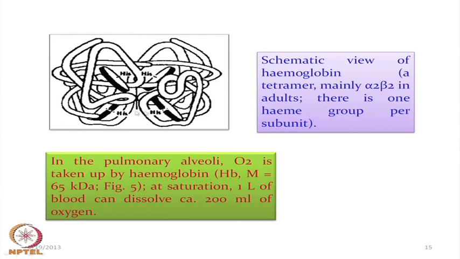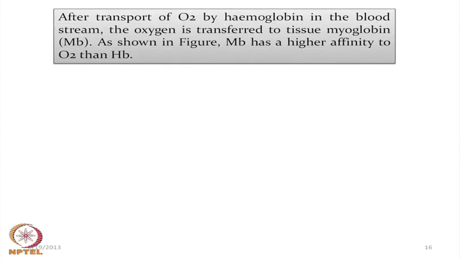So, when all these four iron centers form this particular dioxygen molecule attached to the individual iron center, we have the corresponding oxyhemoglobin form, and that oxyhemoglobin can transfer the dioxygen molecule to other molecules for food burning. So, this transport of oxygen by hemoglobin goes through the bloodstream, and the dioxygen molecule is stored in the myoglobin.